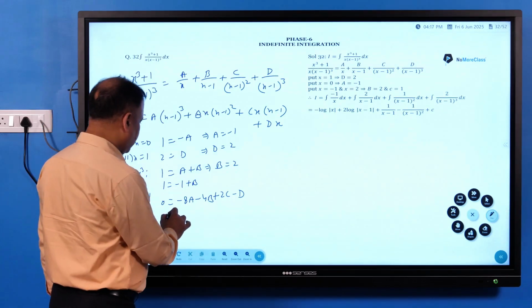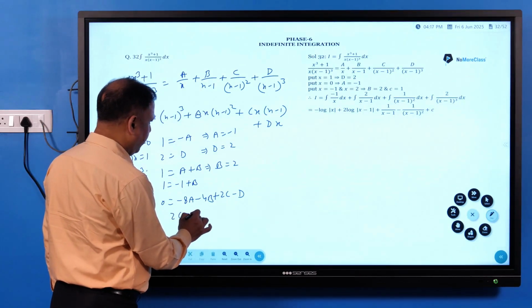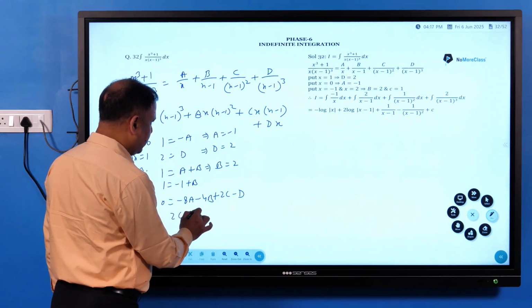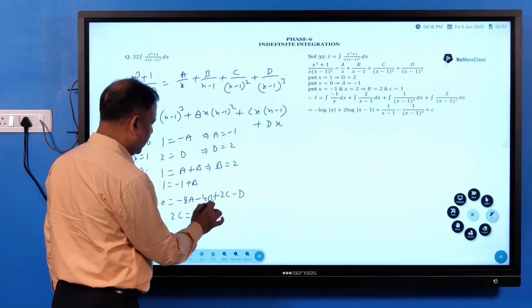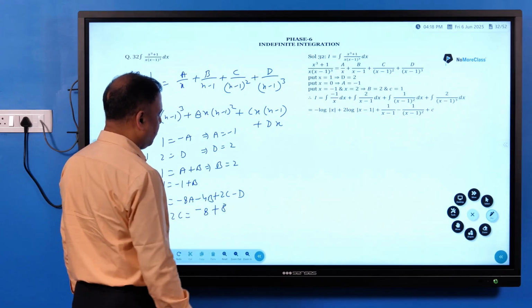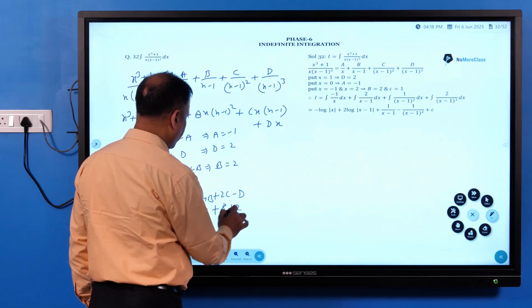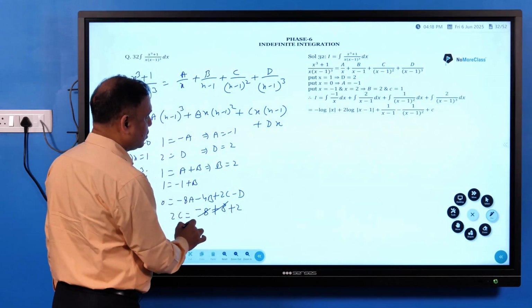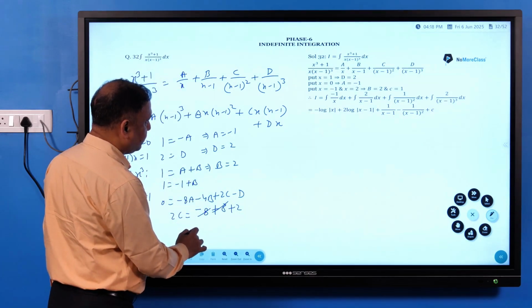So 2c is equal to 8a, minus 8 plus 4b plus 8 plus d, 2. So 2 will cancel. So c is equal to 1.